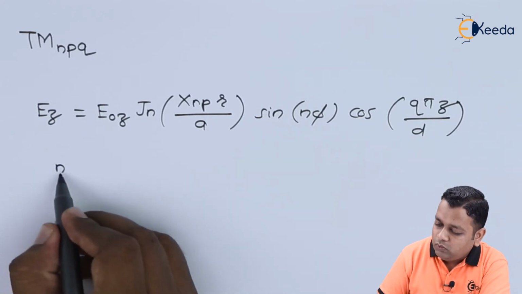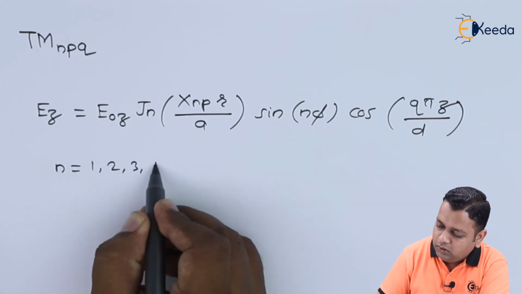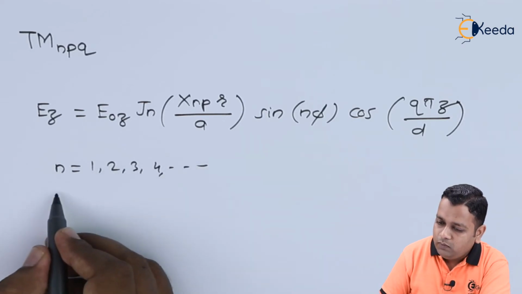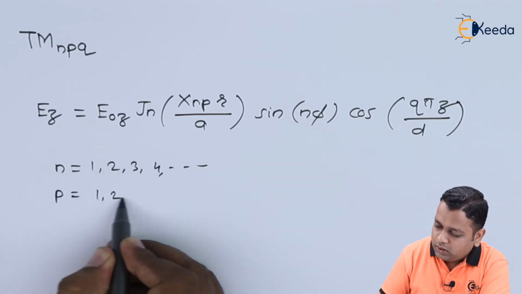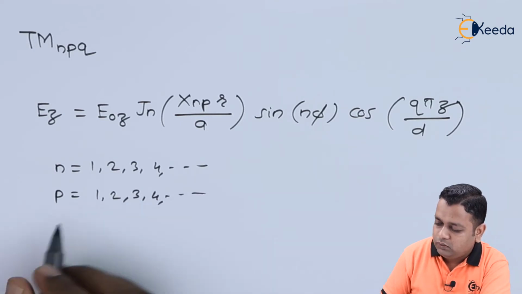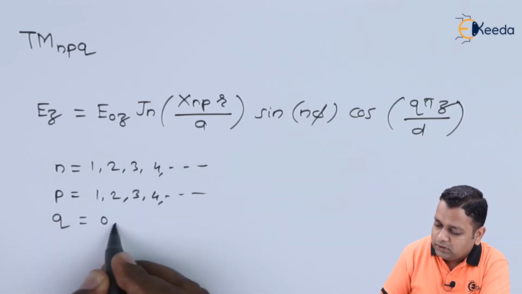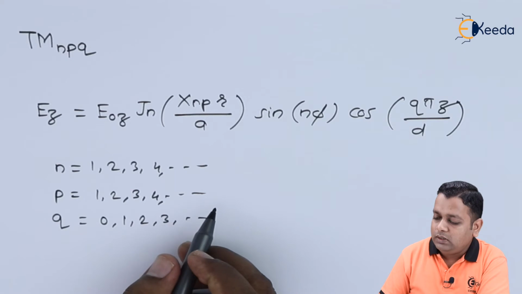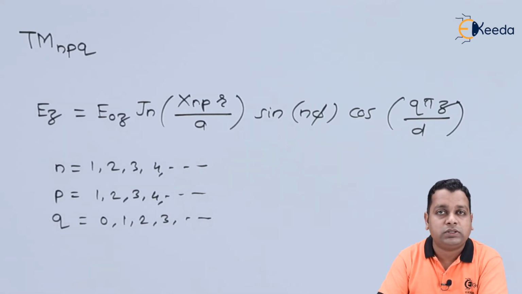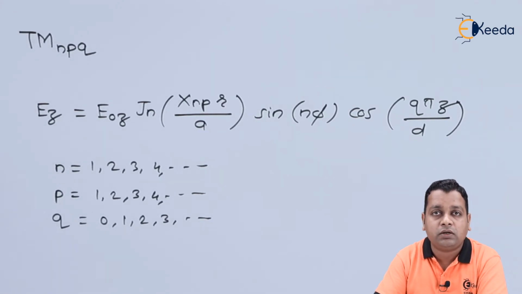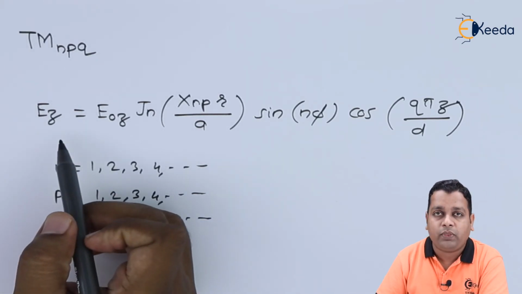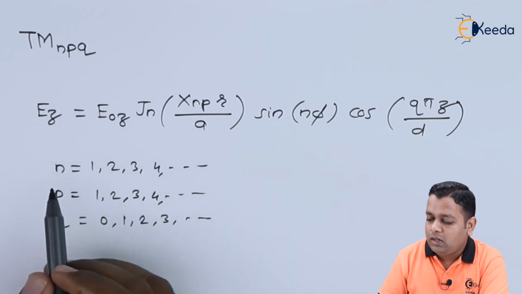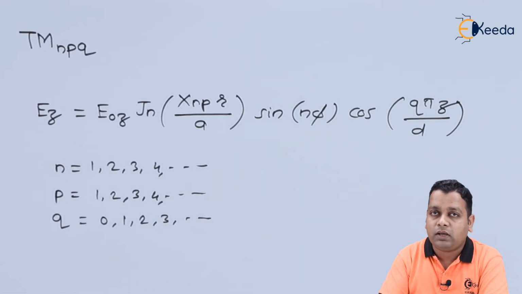Here we have small n holding the values 1, 2, 3, 4 and so on, whereas p is again 1, 2, 3, 4 and so on, and the value of q can be 0, 1, 2, 3 and so on. When we compare the equations for the transverse electric and transverse magnetic modes of the semicircular cavity resonator with those of the circular cavity resonator, the expressions are the same, but the values corresponding to n, p and q may differ at some places.